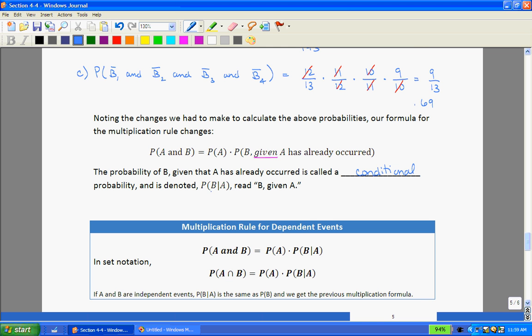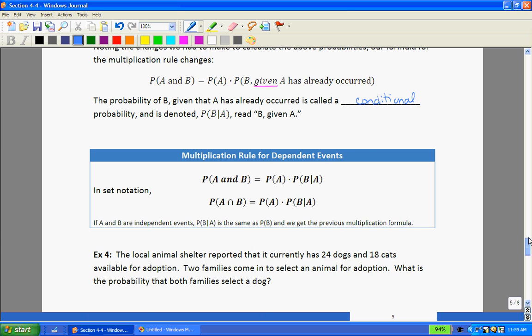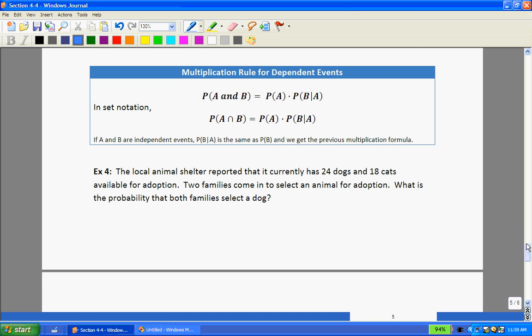It's denoted P of B given A. That bar there is read "given." Probability of B given A. So that's a conditional probability taking into account something else has already occurred. That changes our multiplication formula here.